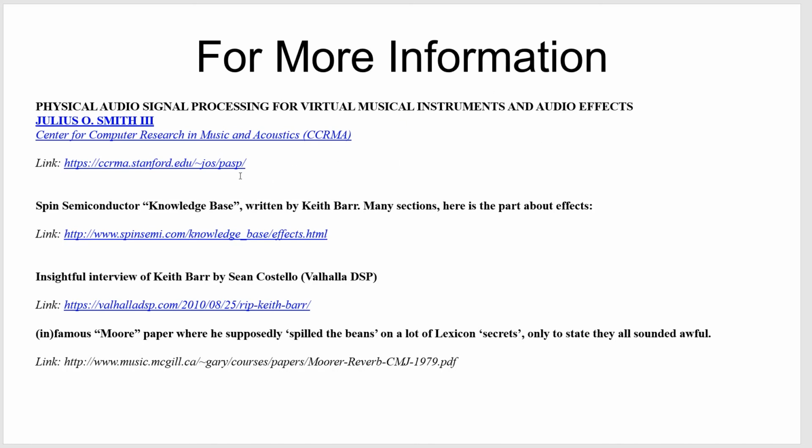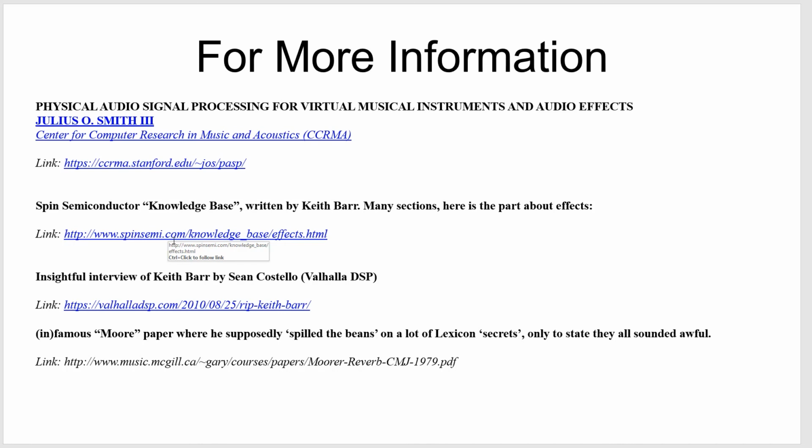Yes, it can have graduate level calculus in it, but there's no single place you can go to get the most information. When Keith Barr left Alesis, he formed a company called Spin Semiconductor, and this was to make a custom chip that's even more complicated but less pin count than the chips he did in like the Midiverb 2 and then in the Quadraverb and things like that. And this is called the Spin FV1.